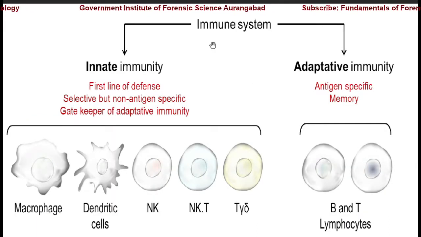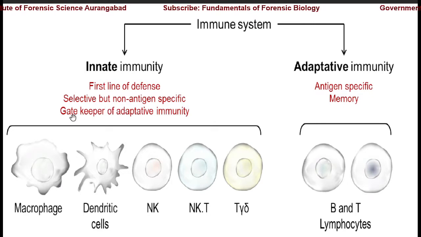The immune system consists of innate immunity and adaptive immunity. Innate immunity is the first line of defense. It is selective but non-antigen specific. That is, it does not recognize any particular type of antigen. So it is a general purpose system, a common system, the primary level of defense.